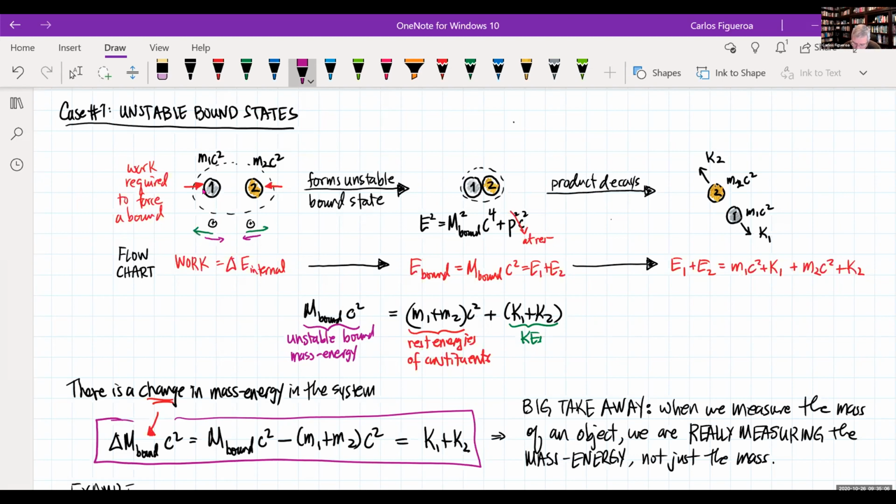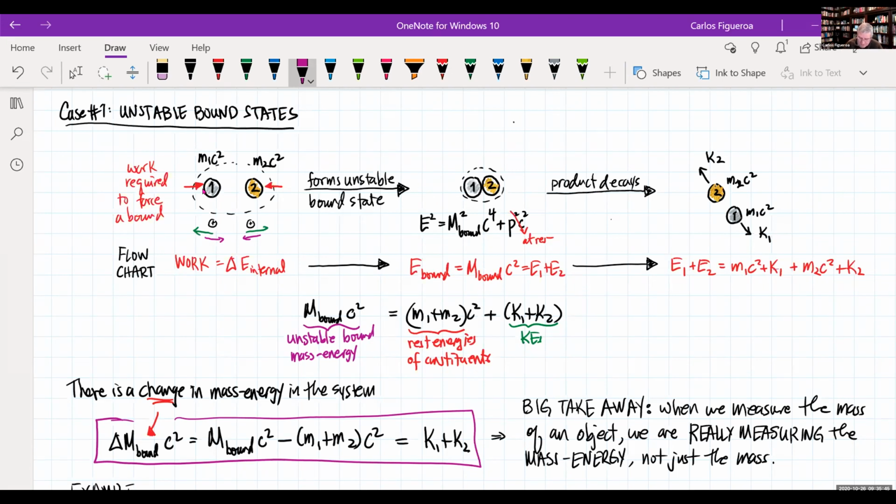And so because this is an unstable energy state, these energies eventually decay. So a measure of these energies is essentially after the products decay. And when they decay, we have a combination of rest mass and kinetic energies. So when we look at how this object, in quotes, gained mass, remember mass is an invariant, how it gained mass energy, we measure the kinetic energies of its products.